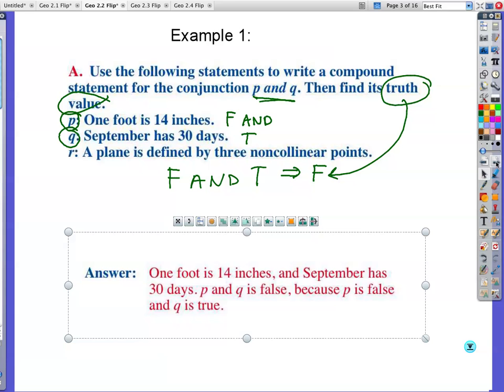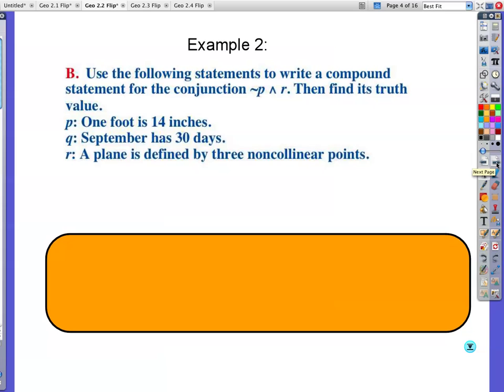All right, example number 2. Use the following statement to write a compound statement for the conjunction not P and R. So basically, this translates to not P and R. So P, as we've already said right now, is false. R, a plane is defined by 3 non-collinear points. That's true.